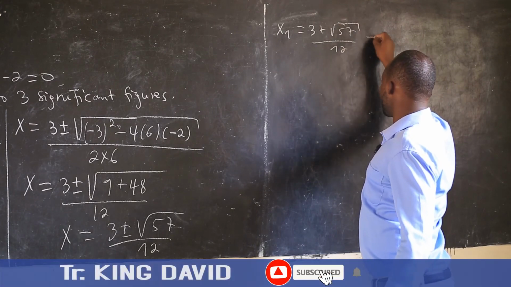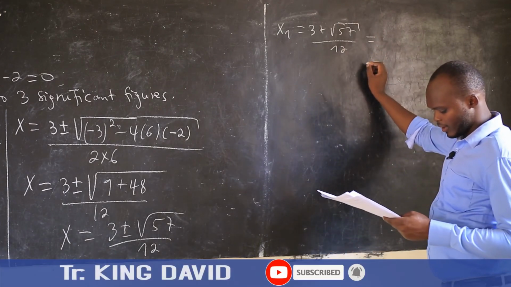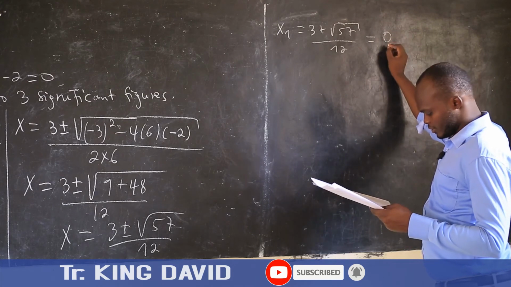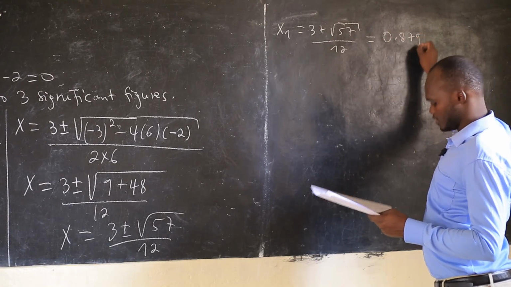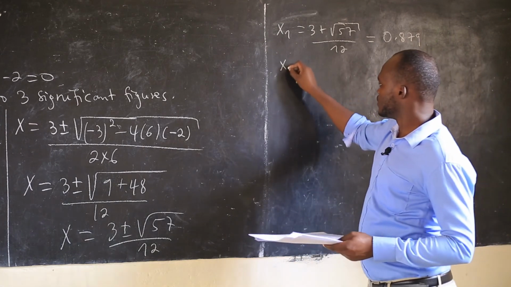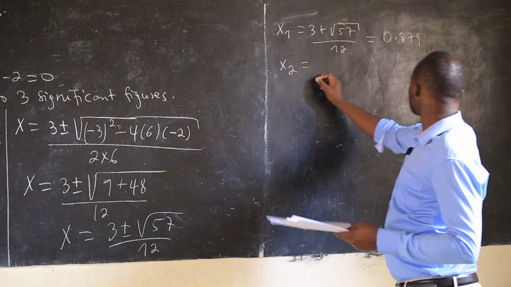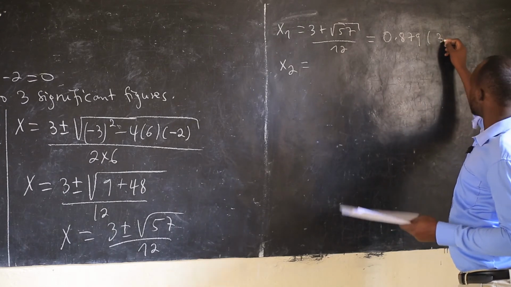If you use a calculator, you'll get 0.879 to 3 significant figures.